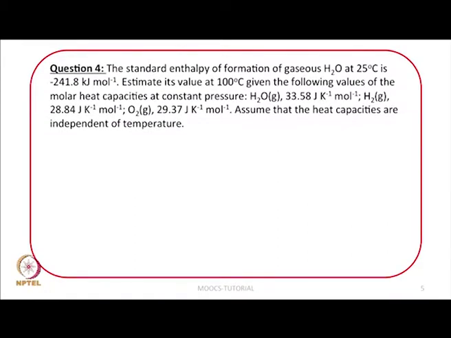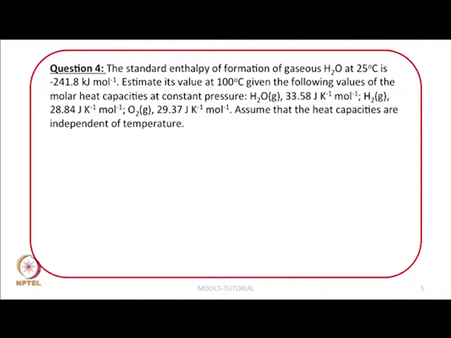Let us now solve the last question of this tutorial, which is: the standard enthalpy of formation of gaseous water at 25 degrees Celsius is minus 241.8 kilojoules per mole. Estimate its value at 100 degrees Celsius.